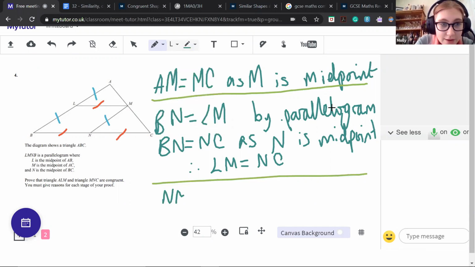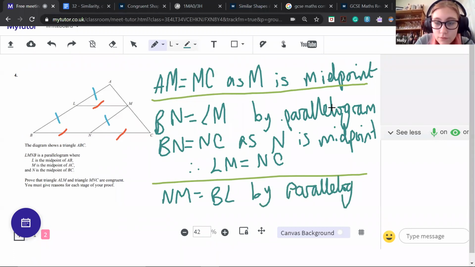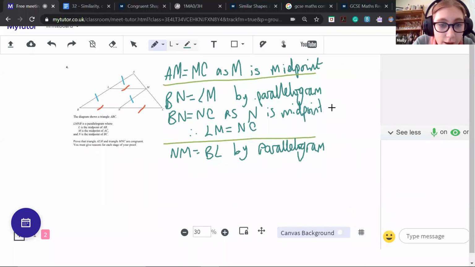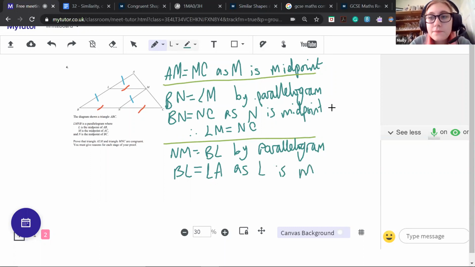So NM equals BL by the fact that it's a parallelogram. And then BL equals LA as L is the midpoint. Therefore, NM equals LA.